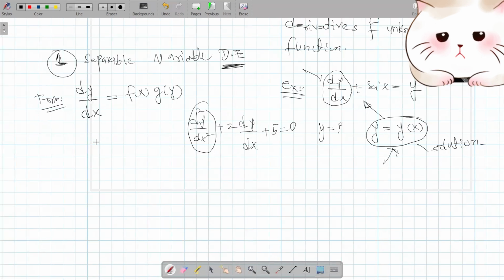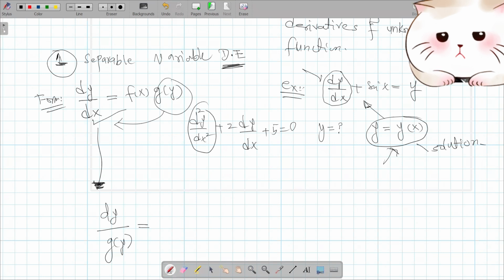Why do we call it a separable variable differential equation? Because we can separate the variables in this equation like this. If we take this dy to the left hand side, then it will be divided on the left side. And if we take this differential element to the right side, then it will be multiplied on the right side.